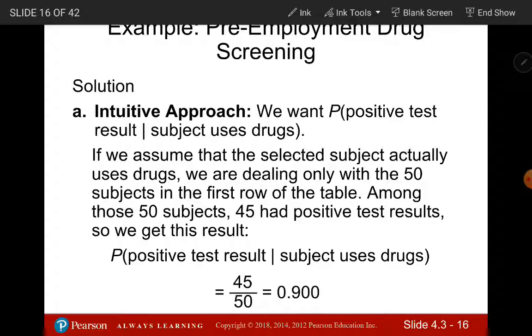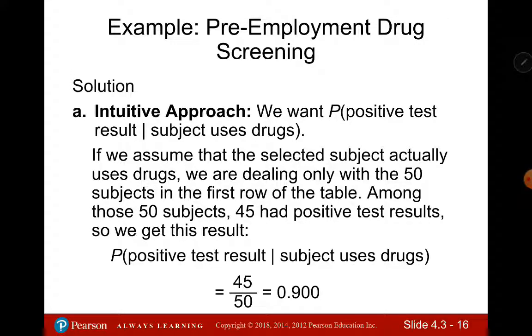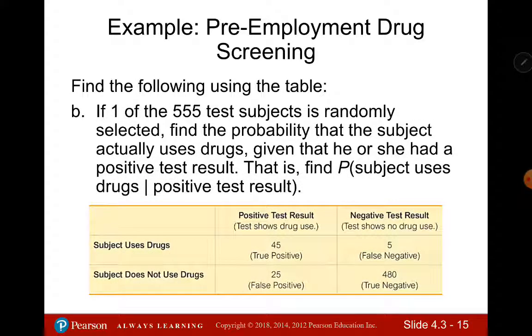First, we count how many subjects have a positive result and use drugs. We go back to check. Uses drugs, positive result, so it's 45. Right?